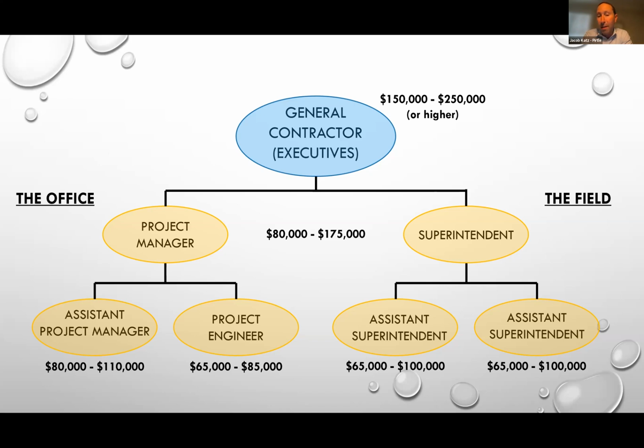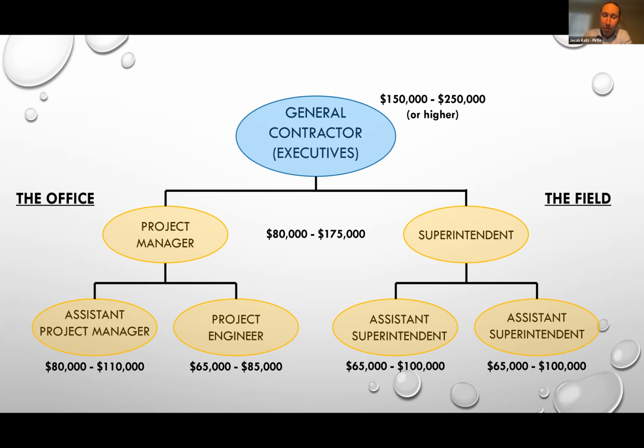And within 3 to 5 years, you can easily grow into a 6-figure salary, making over $100,000. Project managers and superintendents, after multiple years, can make as high as $150,000 or higher. And also, depending on the size and types of projects you end up working on, could also impact the types of salaries you make.